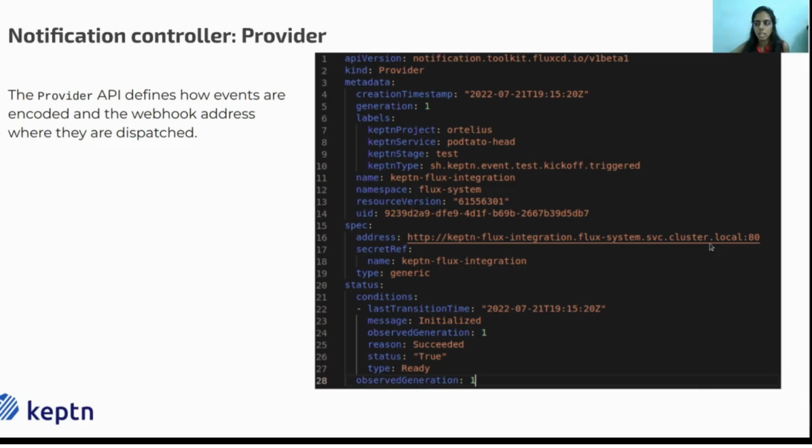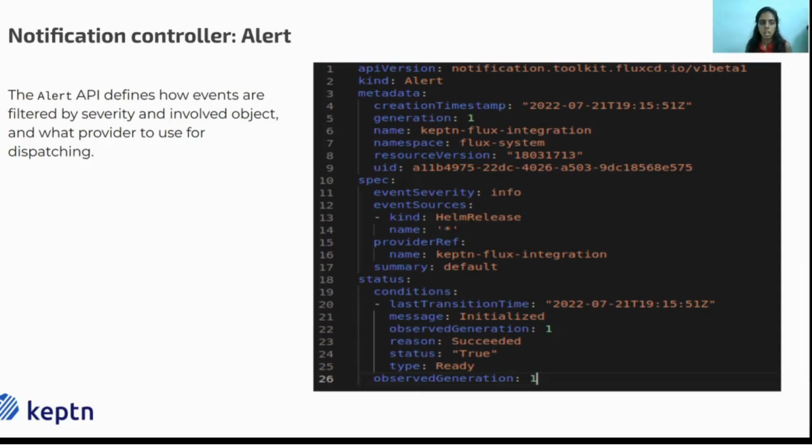To receive the events as notifications, a provider needs to be set up first. And once you have set up a provider, we need to create a new alert resource in the Flux system to start receiving notifications about the Helm release, right?